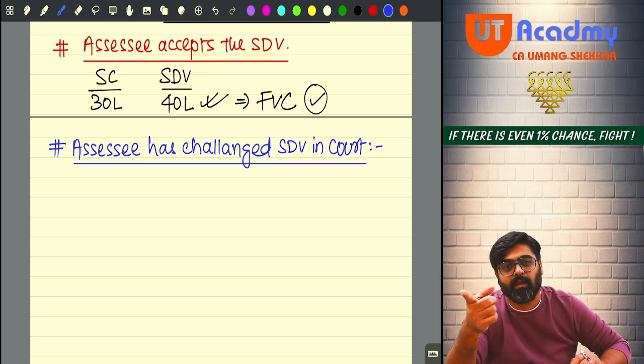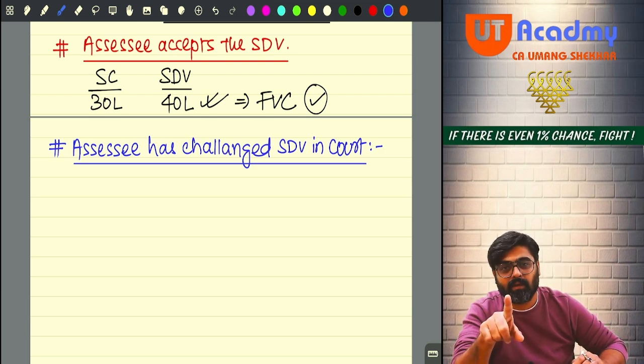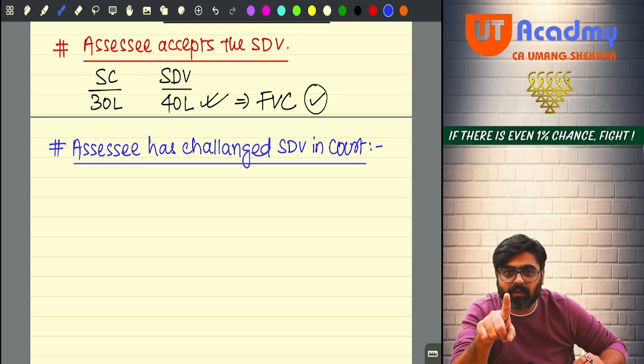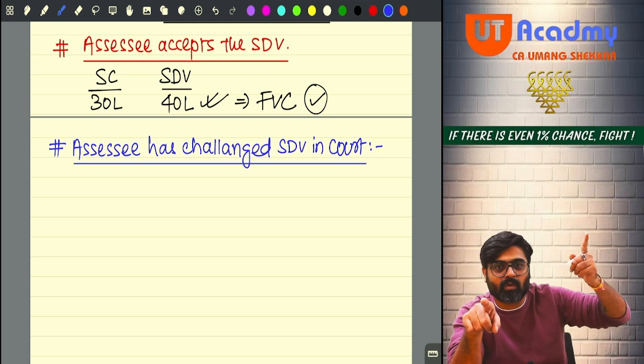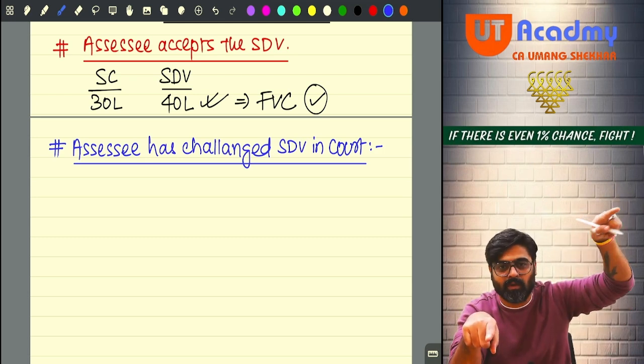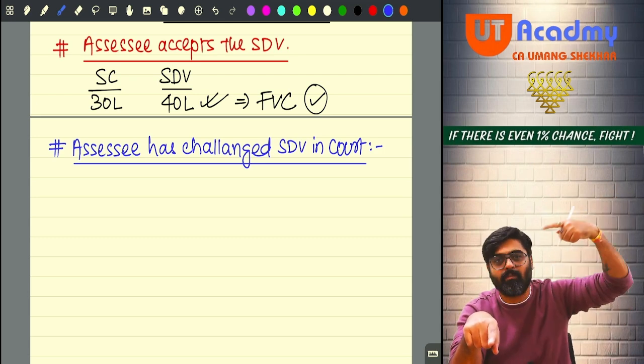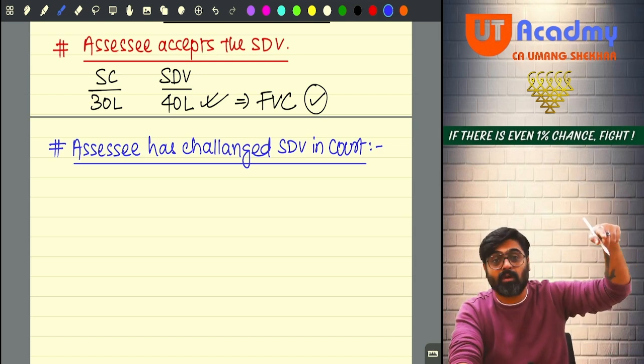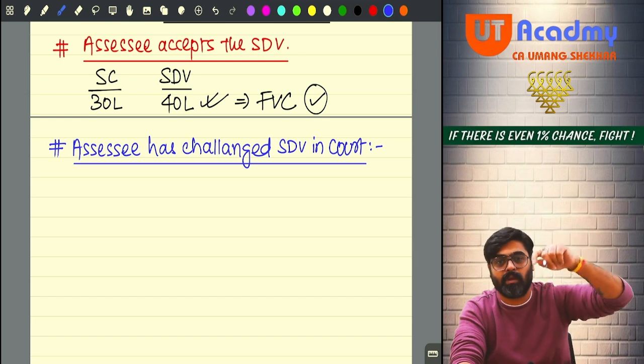Now do one thing, when the court will finally decide what is the correct stamp duty value, that you will accept, because you are telling the court to determine the correct stamp duty value. You are complaining against the registrar that registrar has not fixed the stamp duty value properly.